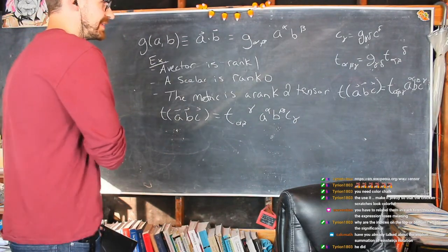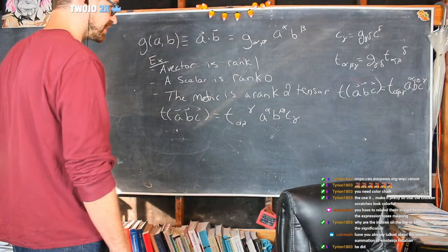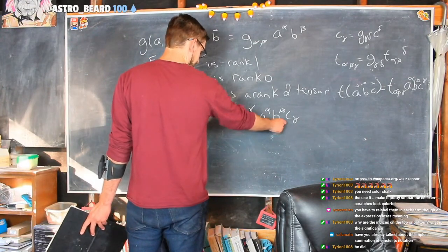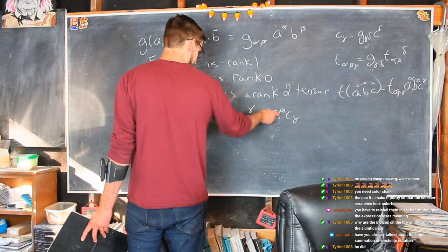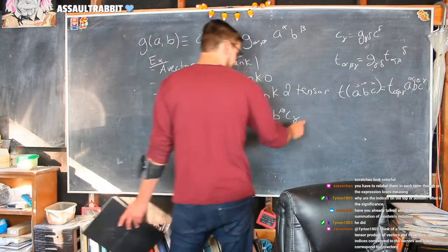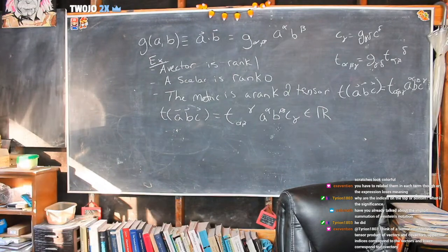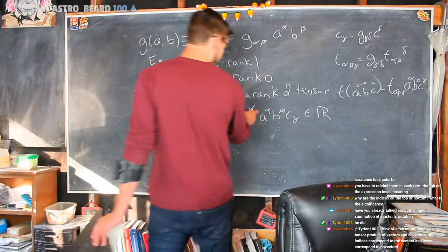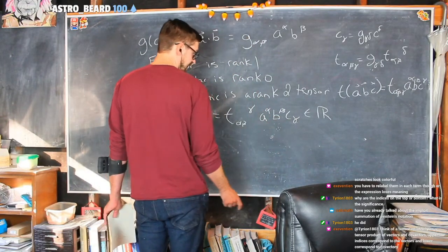So the up and the down are what is going to act on each other. For instance, if I'm going to be acting this tensor onto these vectors, this alpha is going to act on this alpha, this beta on this beta, and this gamma on this gamma. In order to contract them, remember this is going to be some element of the real numbers. So in order to get those vectors and tensors into real numbers, I need to contract all of the indices.